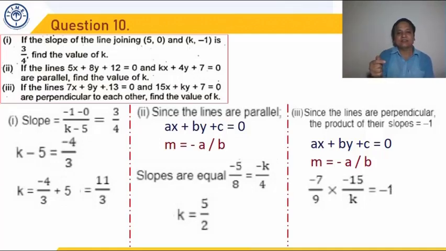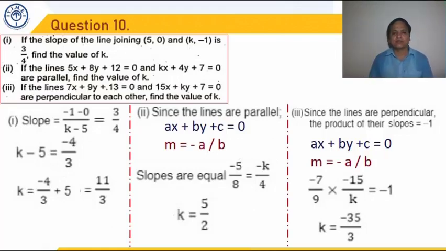Minus 7 by 9 is the slope of the first line, minus 15 by k is the slope of the second line. This is equal to minus 1. So on the left hand side minus minus becomes positive, but there is a negative sign on the right hand side also. So value of k comes out to be minus 35 by 3.